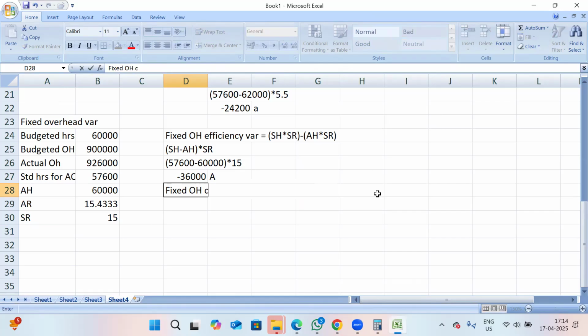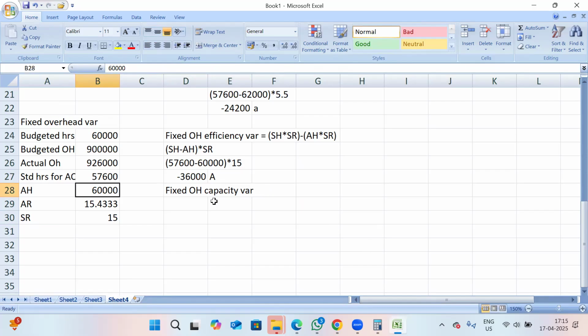Then let's move on to fixed overhead capacity variance. Remember, capacity is about my budgeted capacity and my actual capacity. That is the difference. Here my budgeted capacity and actual capacity are the same, 60,000.